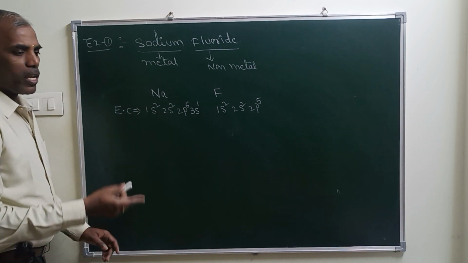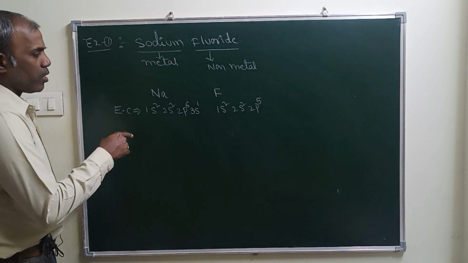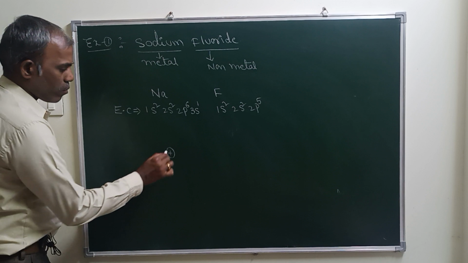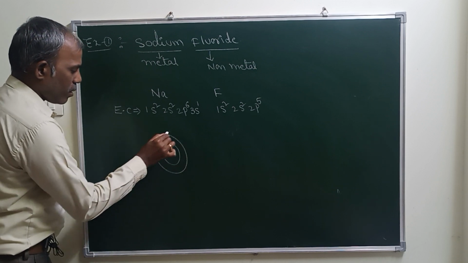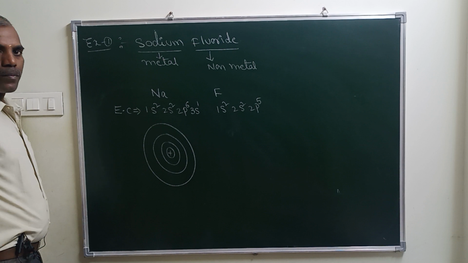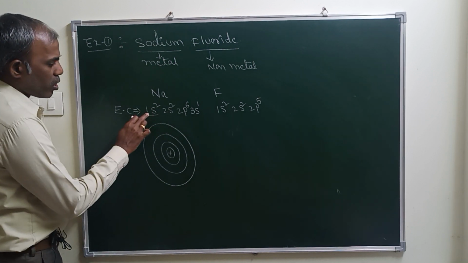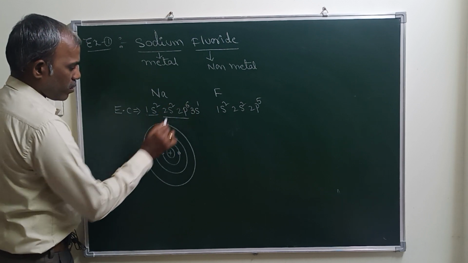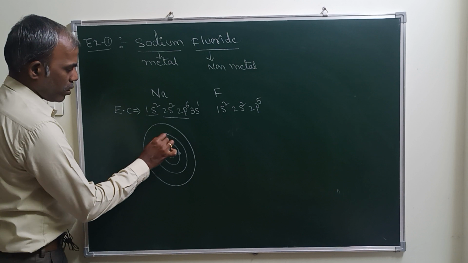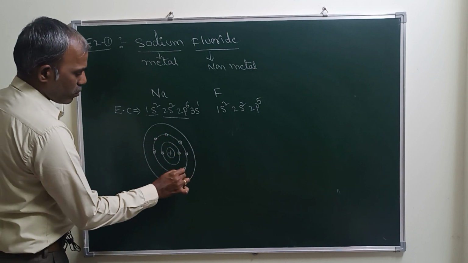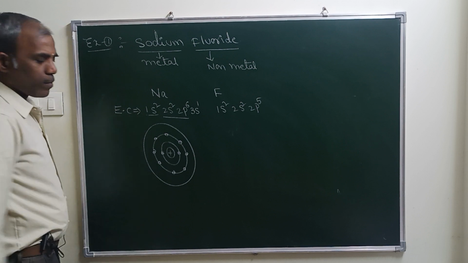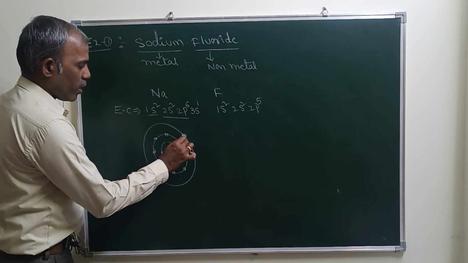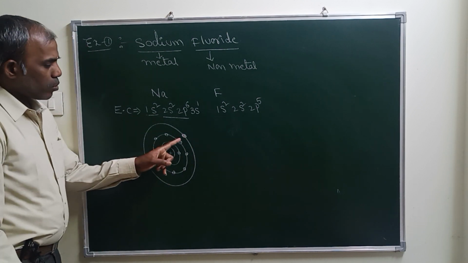Now look at the shell representation of sodium and fluorine. Sodium has the nucleus, first shell, second shell, third shell. In the first shell there are 2 electrons, in the second shell 8 electrons, and the third shell contains only 1 electron.